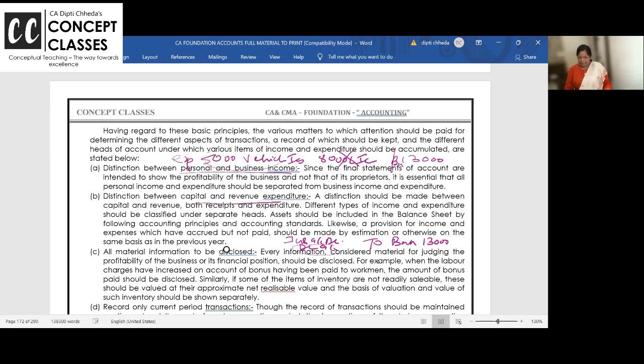Personal, business, capital, revenue. This clarity should be there when you prepare the final accounts. Just write this example now in your material.